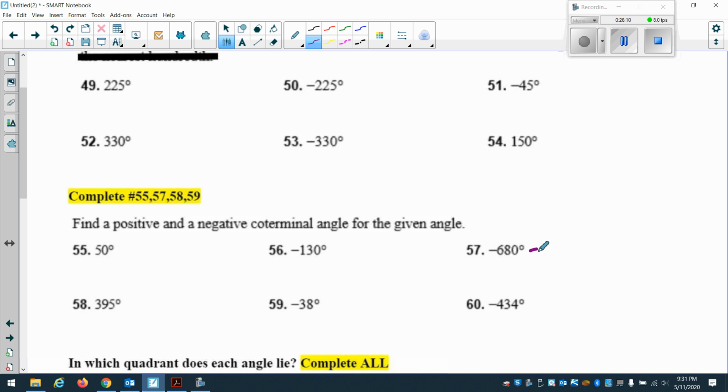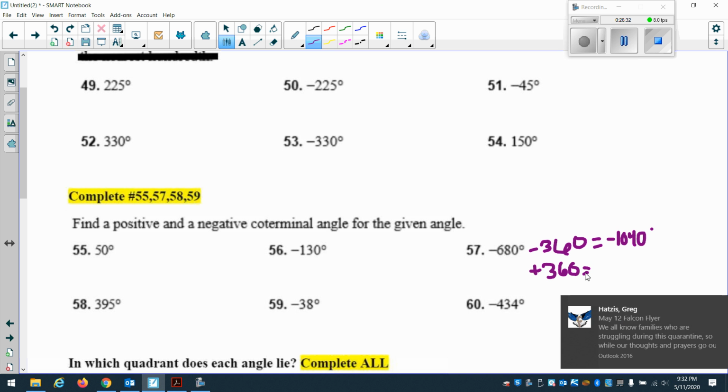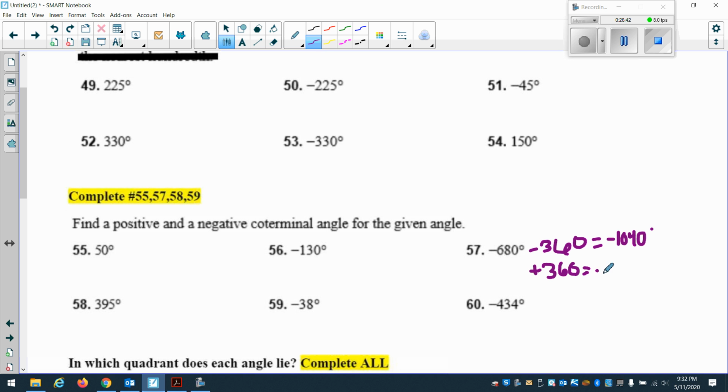So I could either subtract 360 to get negative 1040. If I added 360 one time, I'm still in the negative zone, which means I will have negative 320.